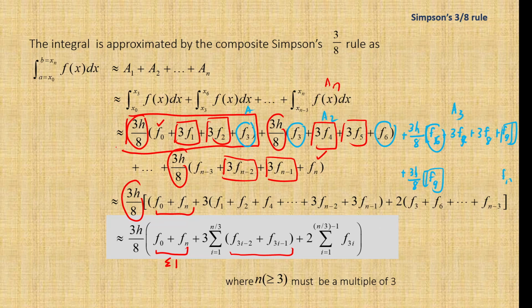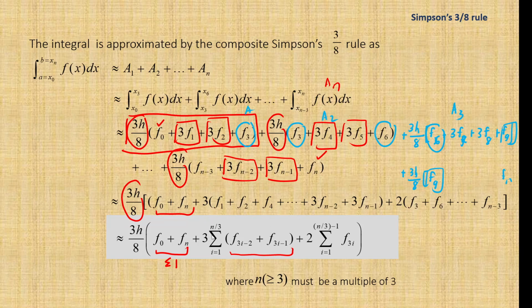Okay, so the derivation, you can watch back the video later on. The formula for Simpson 3/8 rule is 3h over 8 times f naught plus fn. This is the first sum in the first column. The second column is f which is not a multiple of 3: f1, f2, f4, f5, 7, 8, 10, 11.